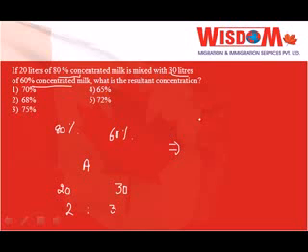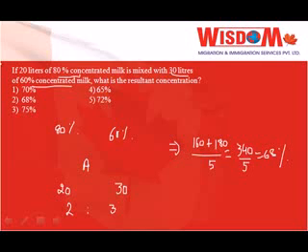That would be 80 times 2, that is 160, plus 60 times 3, that is 180, divided by 3 plus 2, that is 5. That is equal to 160 plus 180, that is 340, divided by 5. That comes out to be 68. So we got the concentration as 68%.